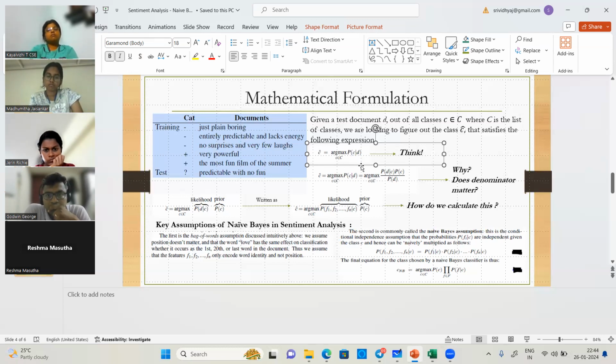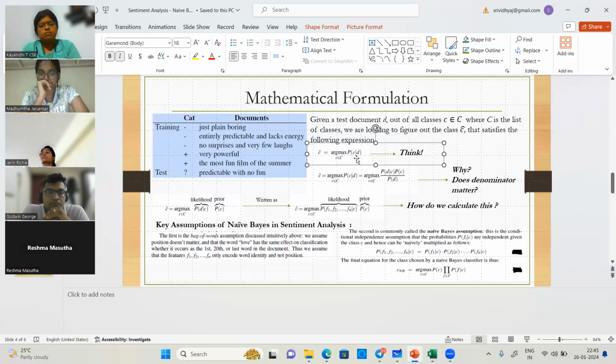Effectively, what we're saying is, I'm going to calculate P of C given D for all classes, in this case 2 classes, and figure out the one where the probability is maximum. So if the probability of negative sentiment given the document is maximum, I would assign the document to negative sentiment. Alternatively, if the probability of positive sentiment given the document is maximum, I'll assign the document to positive sentiment. It's as simple as that.